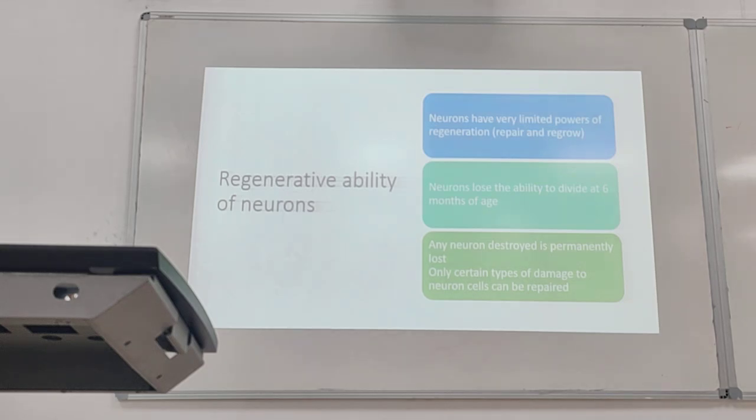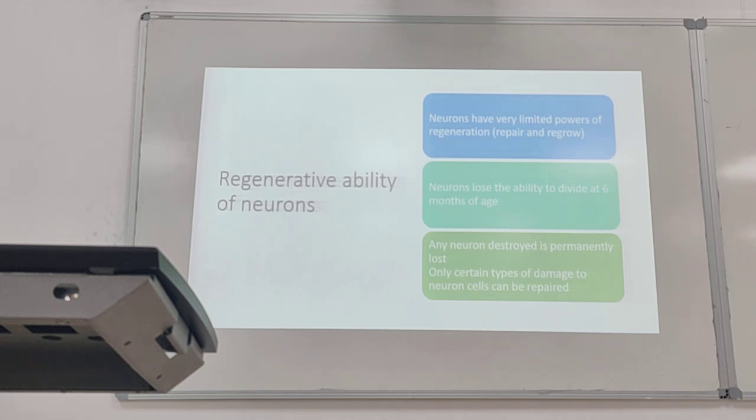When we are about 6 months old, our nerves reach their level. Then as we grow up and become taller, the nerves become long, but no new nerves are formed. This is the concept. So we say that neurons have very limited powers of regeneration.